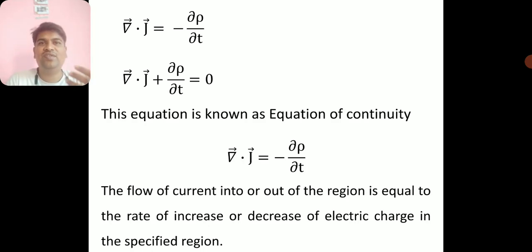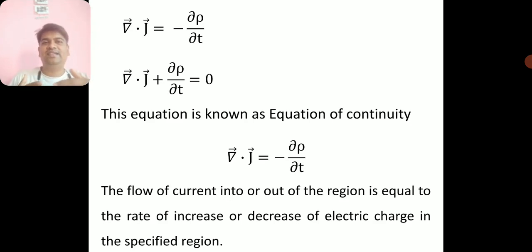It represents the flow of current into the region, or current going out of the region. And this current going out of the region is equal to the rate of increase or decrease of electric charge in a specific region. So dou rho by dou t will represent this rate of increase or decrease of electric charge in a specific region.